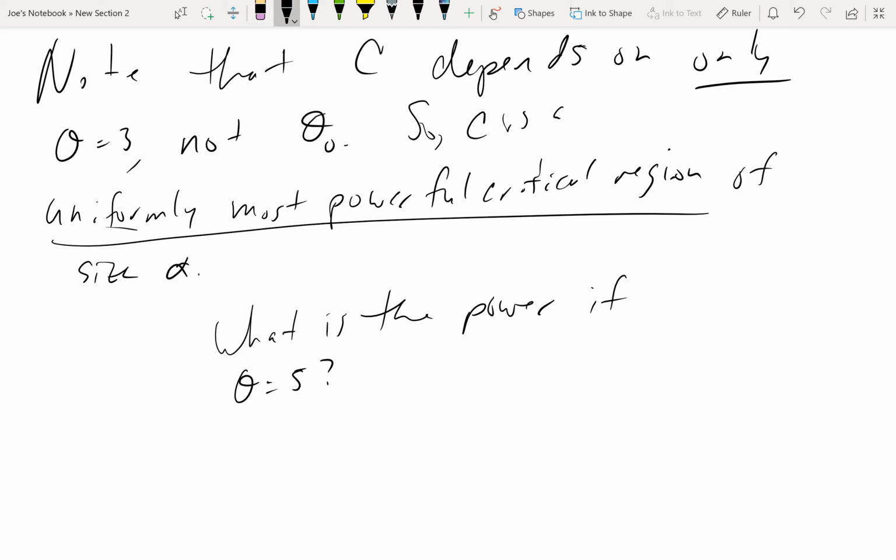So this would be the probability that your mean is bigger than or equal to 4.15 given theta is equal to 5. What's the probability that you reject when you're supposed to? That's power, right? You agree?